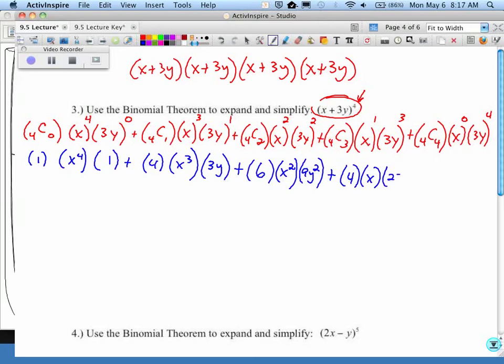And 4C4, 1, x to the 0, 1, 3y to the 4th, 81y to the 4th.